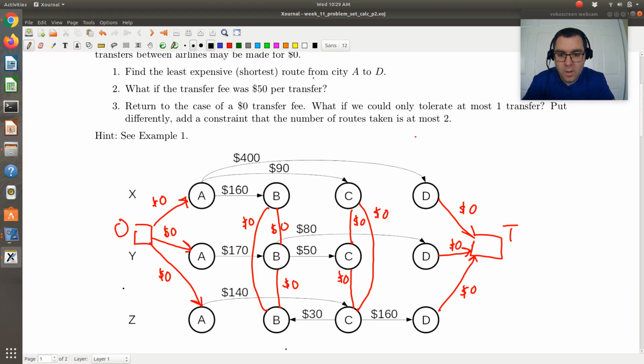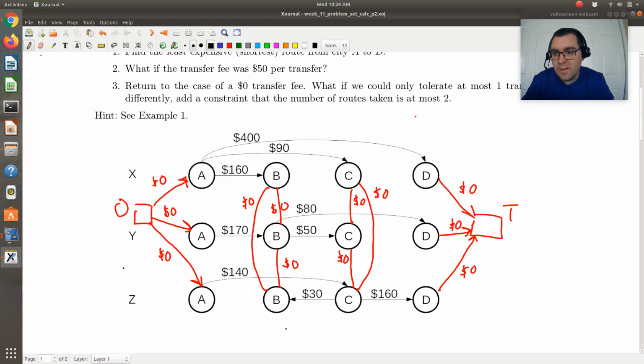And so here is my sketch from when we started in parts 1 and 3. We're starting with a single destination in which the cost is essentially $0, and then I can leave A on any one of my airlines. My goal is to get to some common destination, and we had $0 exchanges.